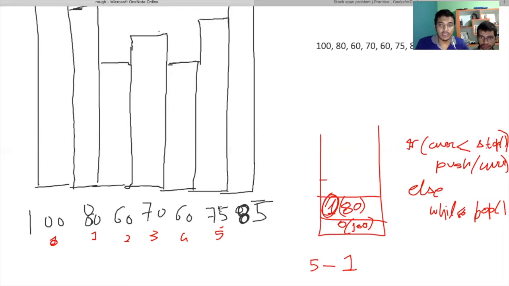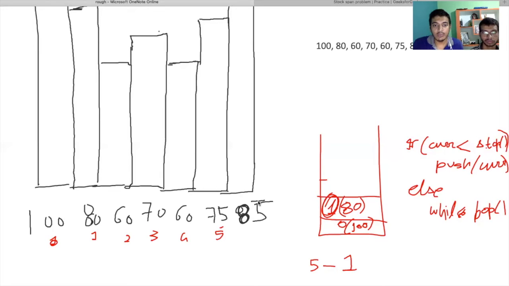75 including itself, 60 is also less than 75, 70 and also 60. So that's why we were taking indexes into consideration rather than the element itself. Why? Because it is very easy to calculate by subtracting the indexes of the two elements, right?